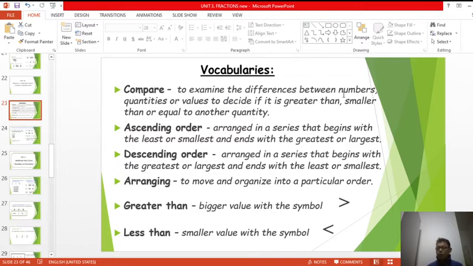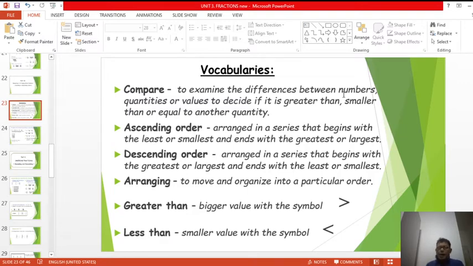For short, in this unit we're learning how to compare fractions, whether their values are greater than or smaller than.